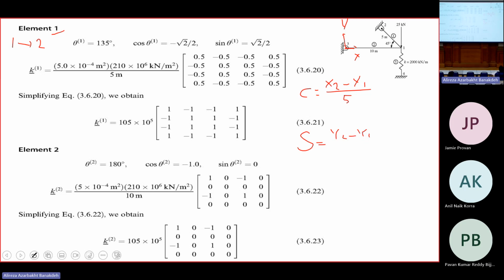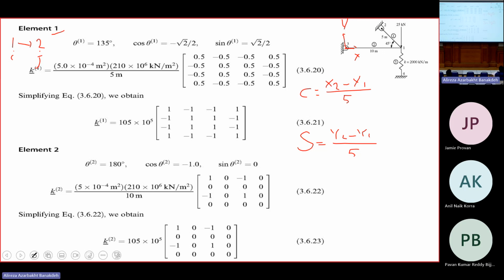Y2 is yj, the end of the element. This is i, this is j. i is the beginning of the element, j is the end of the element. 1 connects to 2, so i is 1, j is 2. That's why I'm saying y2 minus y1 divided by 5. 5 is the length of the element, right?